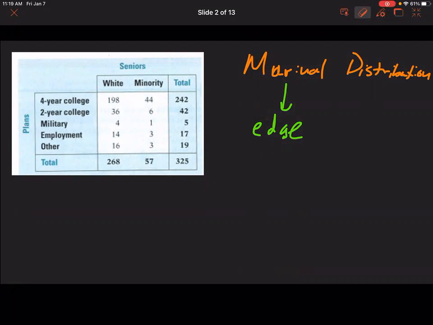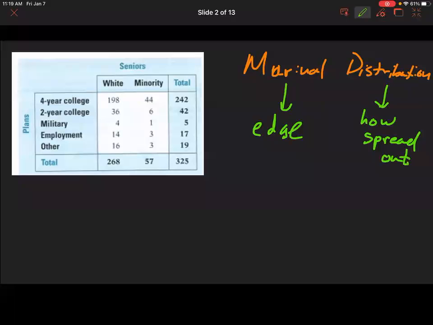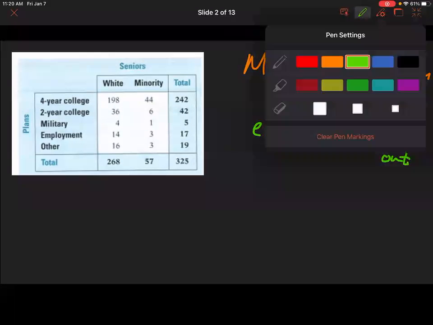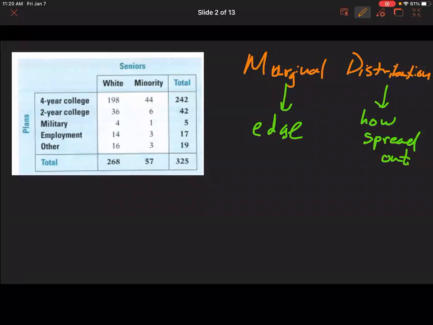So marginal distribution, and distribution just means how things are spread out. Is a lot over to one side and a little over to the other side, or vice versa. So, oh wait, I spelled marginal wrong. There should be a G. Marginal.